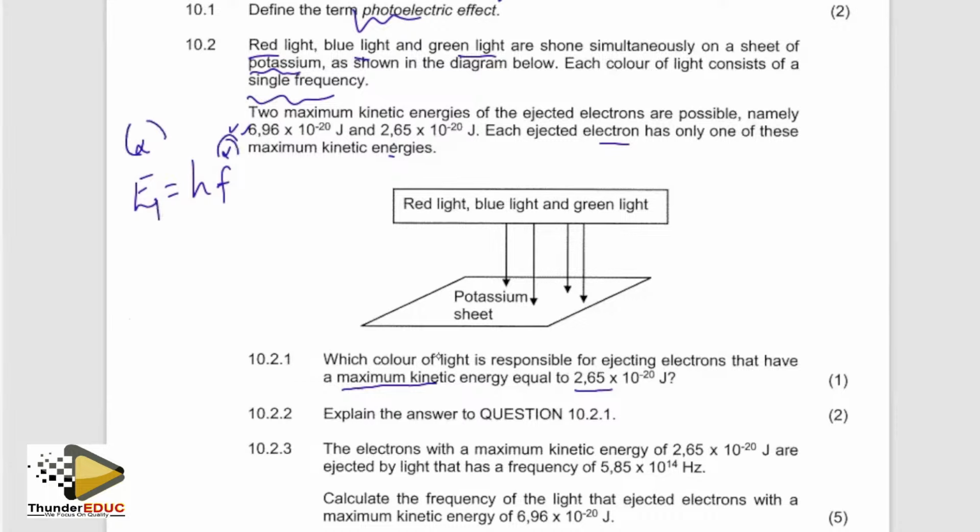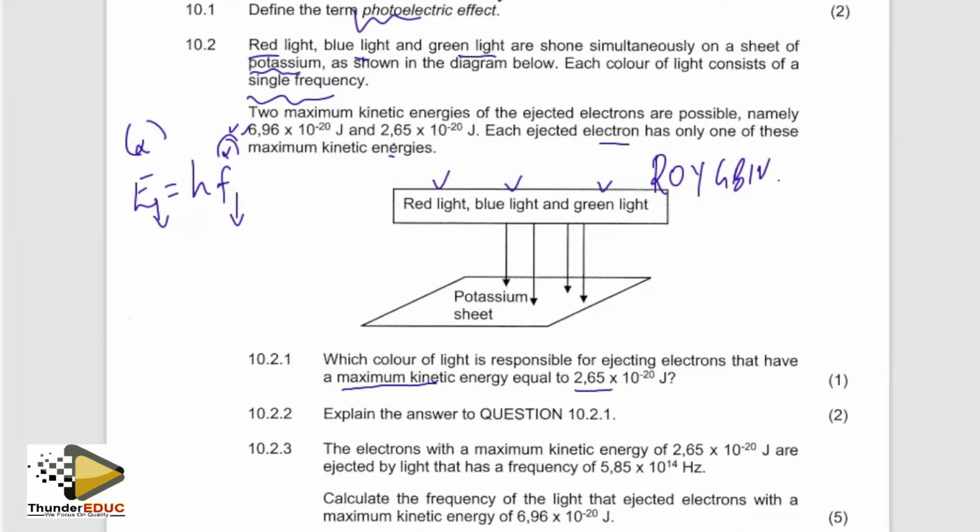So if the energy is lower, we also expect the frequency to be slightly lower. Then from our light spectrum, we need to find out between the red, the blue and the green, what does this arrangement represent?